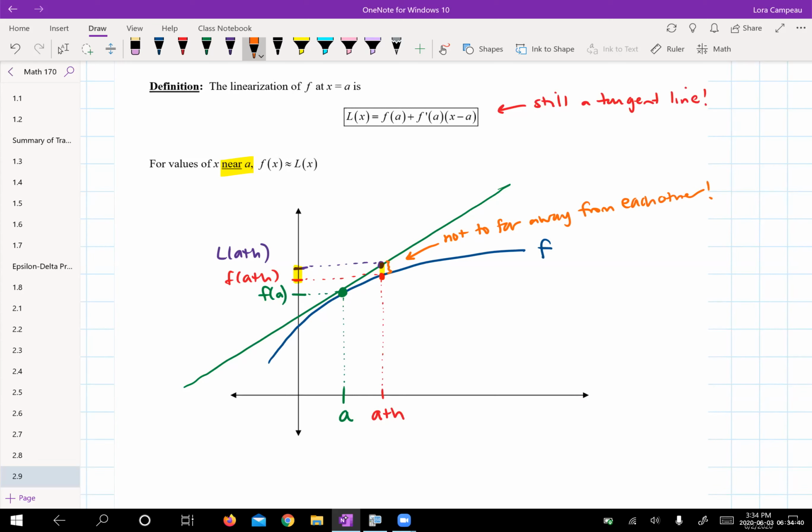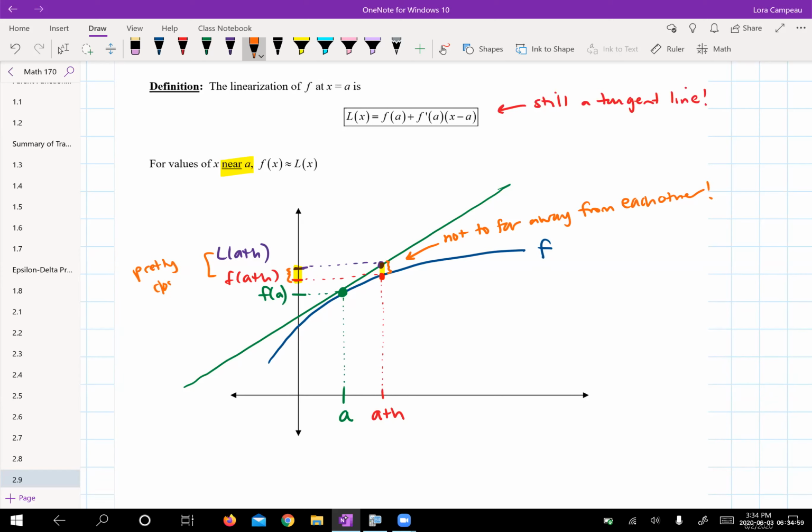And again, the difference between the 2 y values, this linearization of a plus h and the function evaluated at a plus h, it's pretty darn close.